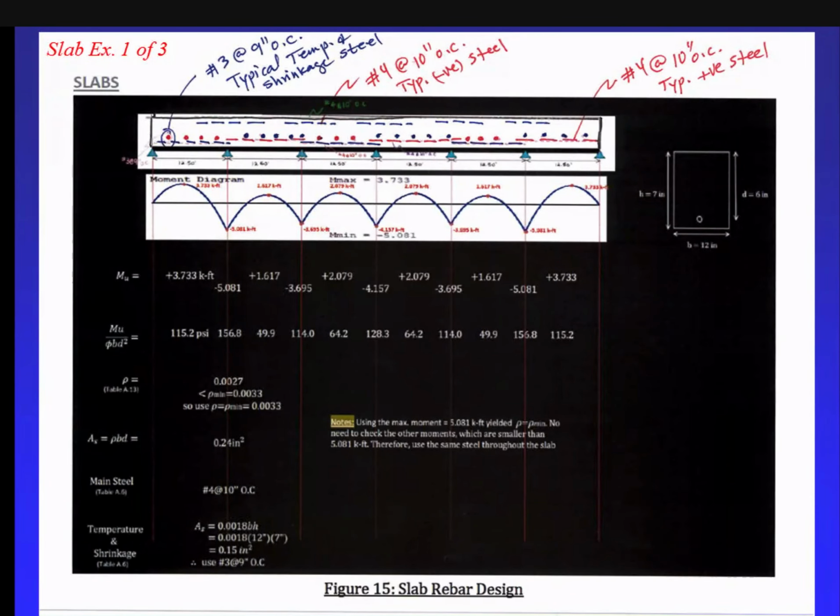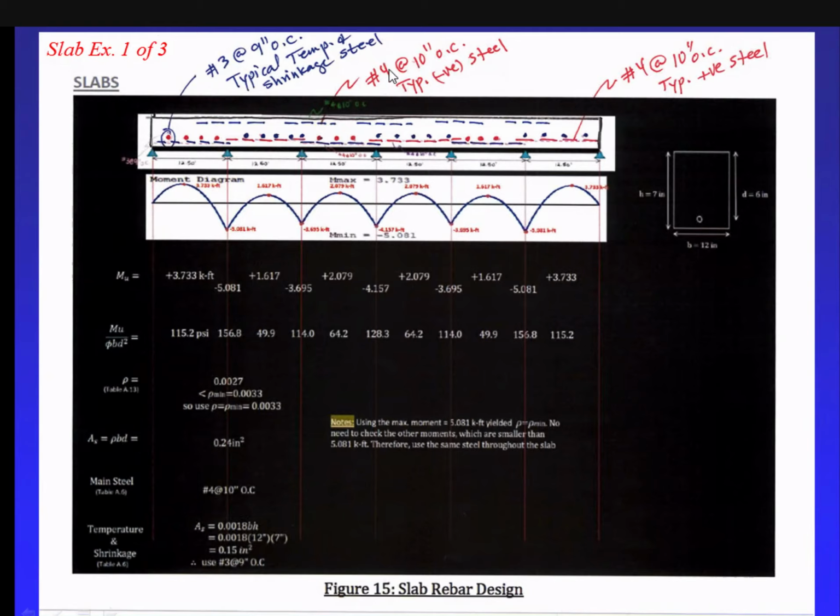All right, so remember, I'm doing for this moment. The tension is gonna be at the top, so I need to put the bars over the support. So this support is gonna be here, this support there. Those are the negative steel. Now, I use the maximum moment and I get number 4 at 10 inches. So all these will be number 4 at 10 because all these moments are smaller than that.